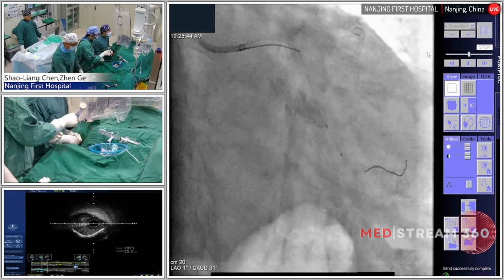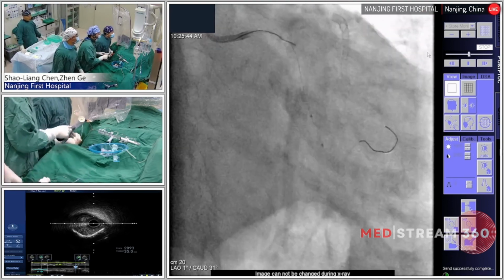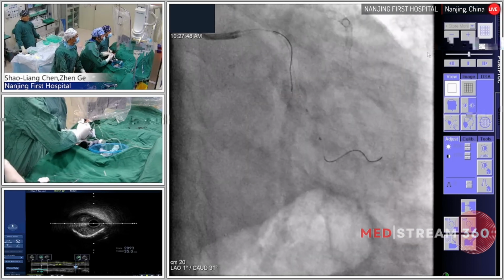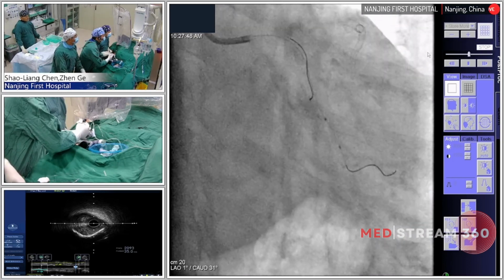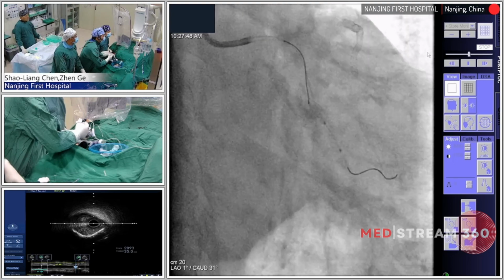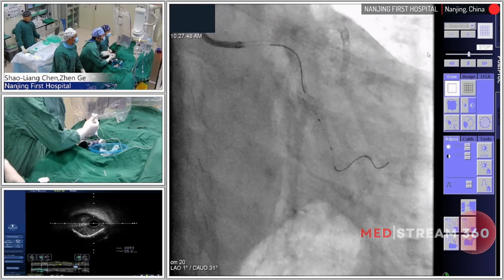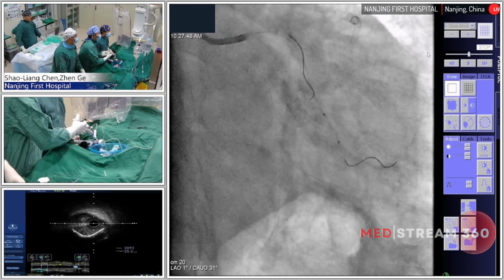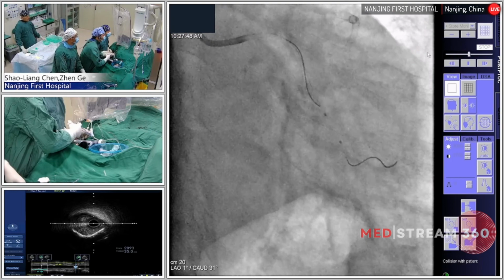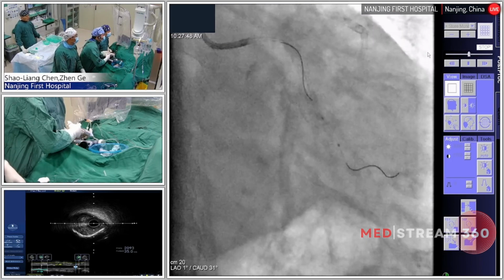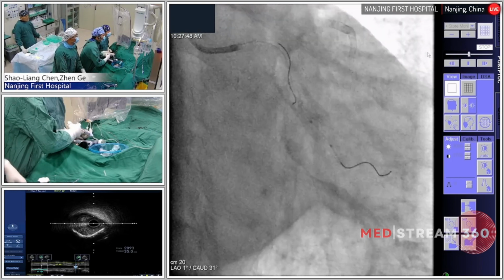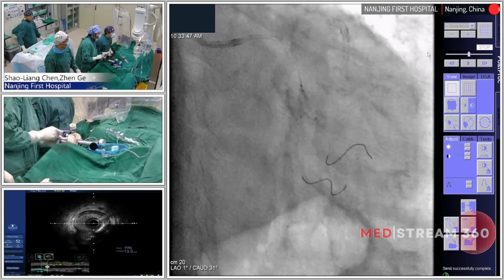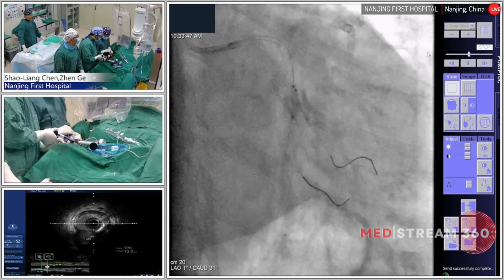So now, after stenting the side branch, Dr. Green, you remove the side branch wire. I feel the wire from the proximal side, but still some resistance. Okay.